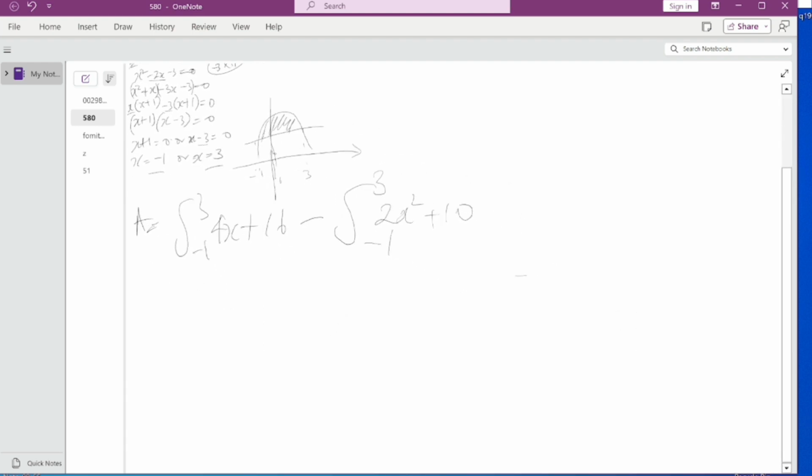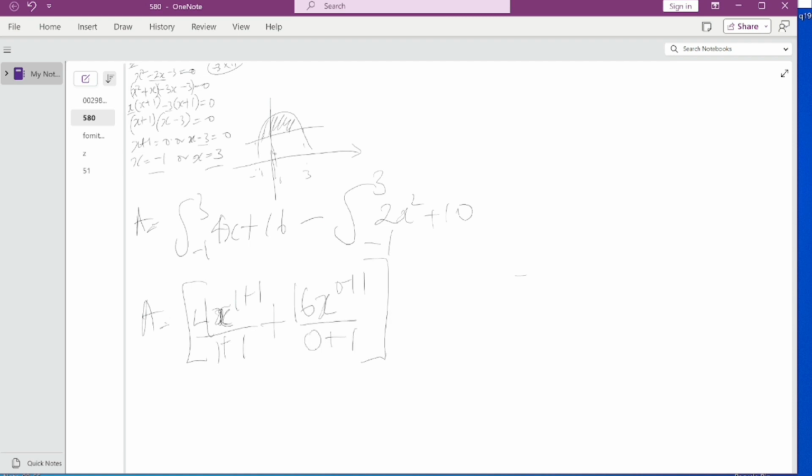We then integrate that. 4x, the x is raised to power 1, then 1 plus 1 over 1 plus 1, plus 16x. Since there's no value of x in front of 16, we know it's x raised to power 0, plus 1 over 0 plus 1.